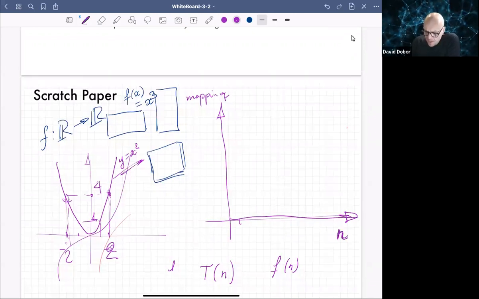Our input will normally be an integer, and the output will be a real number. So we're concerned with functions that are defined on whole numbers. If you want to call them natural numbers, counting numbers like 0, 1, 2, plus 0, fine. Call them whole numbers if you want, it doesn't matter for us. We're not sticklers for that terminology.